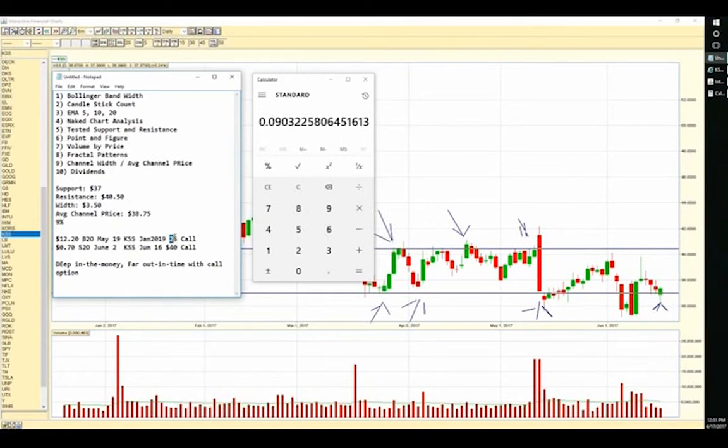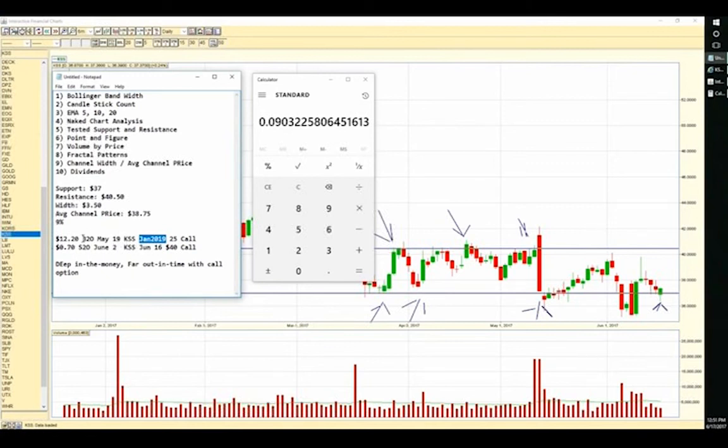That means the $25, if we were trading at $37, is considered very deep in the money. Far out in time, so January of 2019, that's as far as we can go at this point. This deep in the money, far out in time call option is going to act dollar for dollar with the underlying symbol.